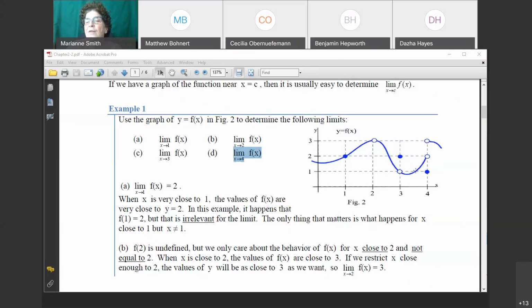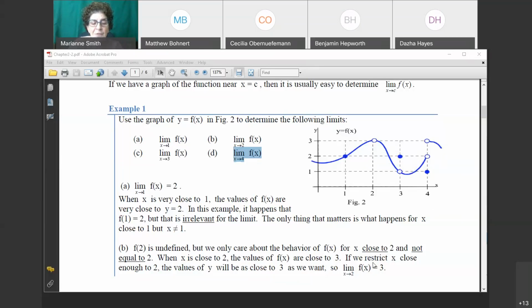If I ride the graph from the left and I try to approach x equals 4, I'm getting closer and closer to the value 2. So as I approach from the left, I'm getting closer to 2. As I approach the graph from the right, though, I'm getting closer to 3. Since the two values don't match, we say the limit doesn't exist.